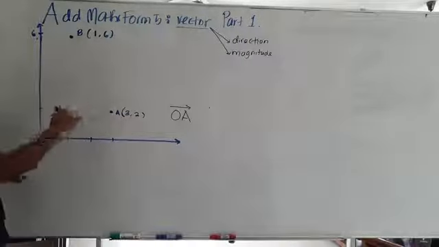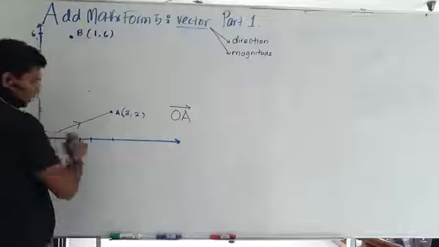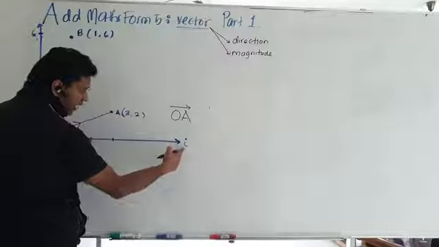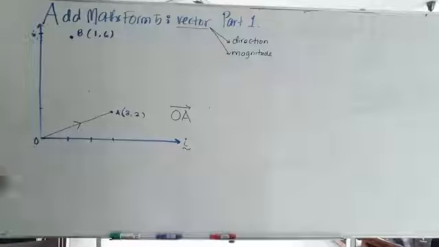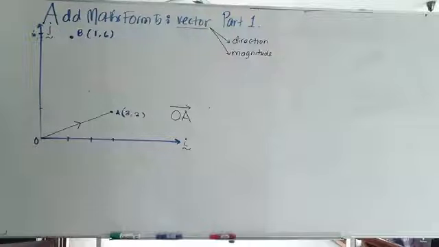And how do I show this vector? The vectors are generally shown with the x-axis, but the x-axis in vectors, we're going to call it i, with this shape here, which shows it's a vector. And here it's j, and you must have this shape, like a tiny worm. That's called a vector.